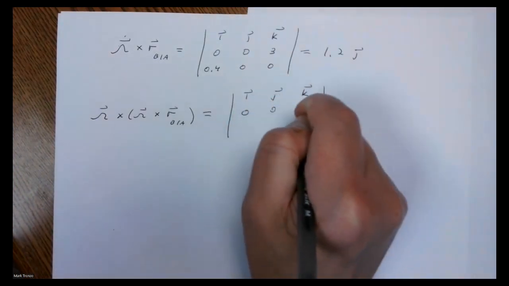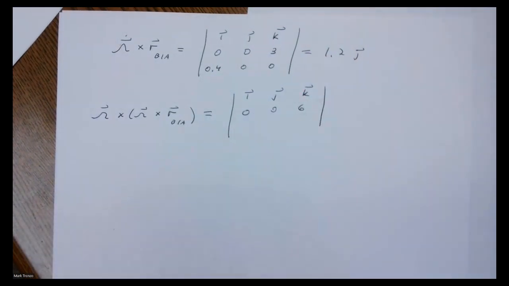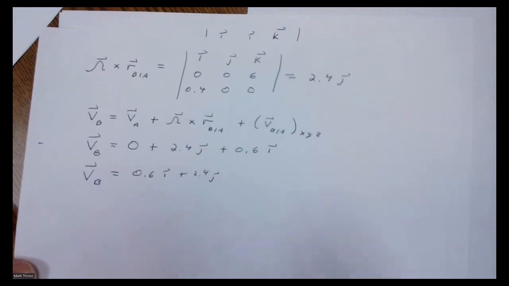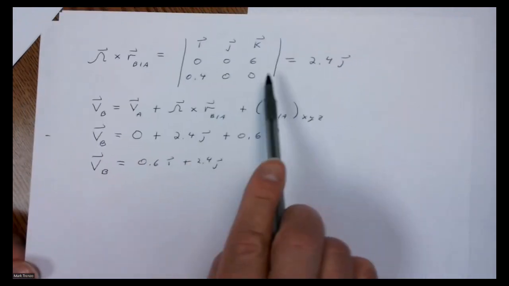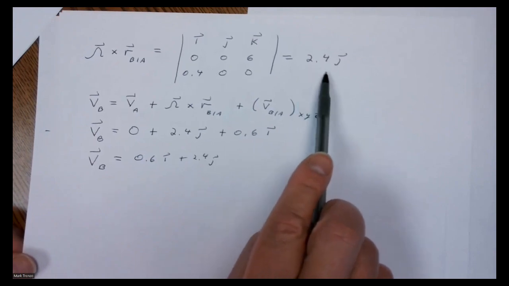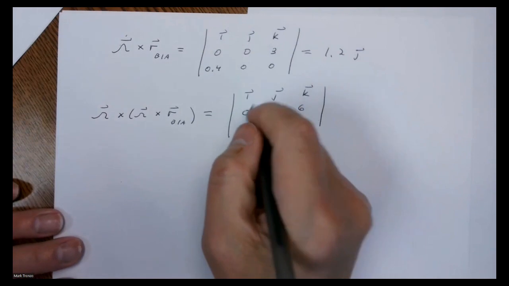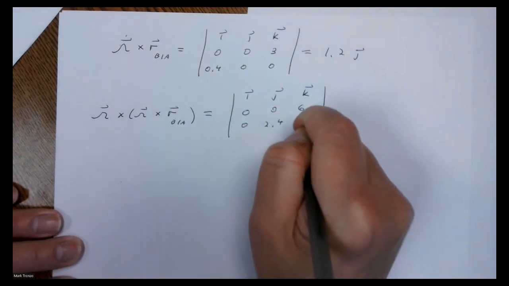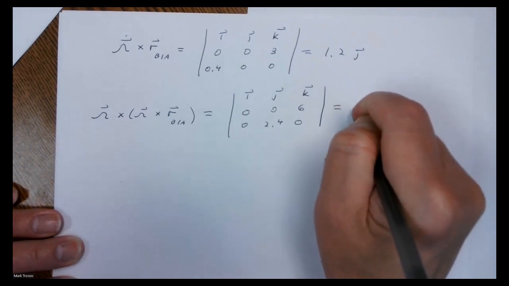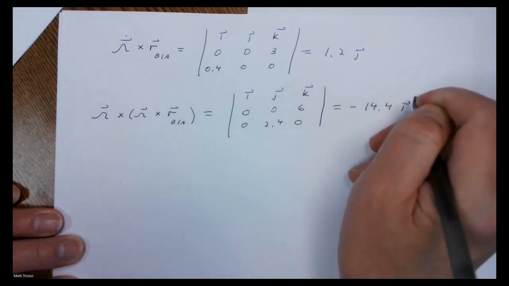That's going to be 0, 0, 6. And the omega cross RBA, excuse me, is 2.4J. And this will be negative 14.4 I.